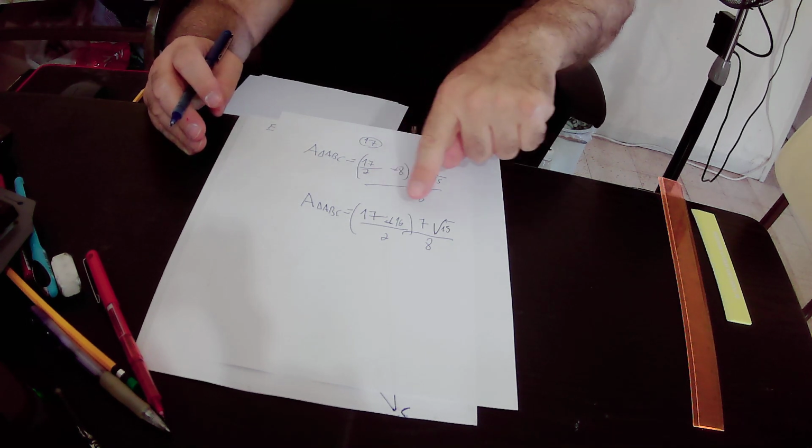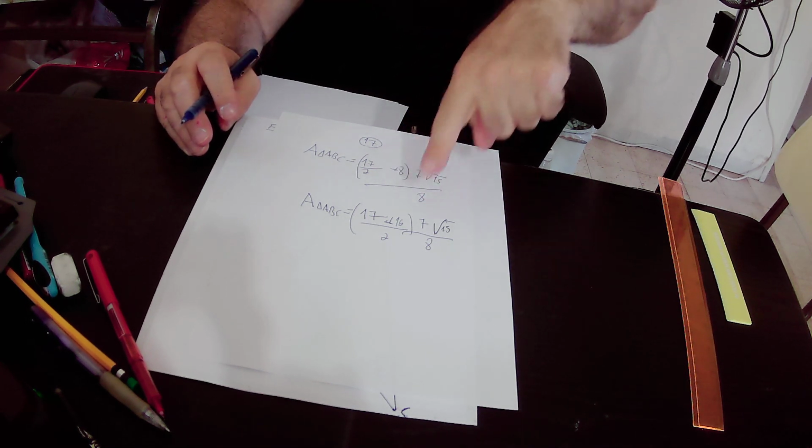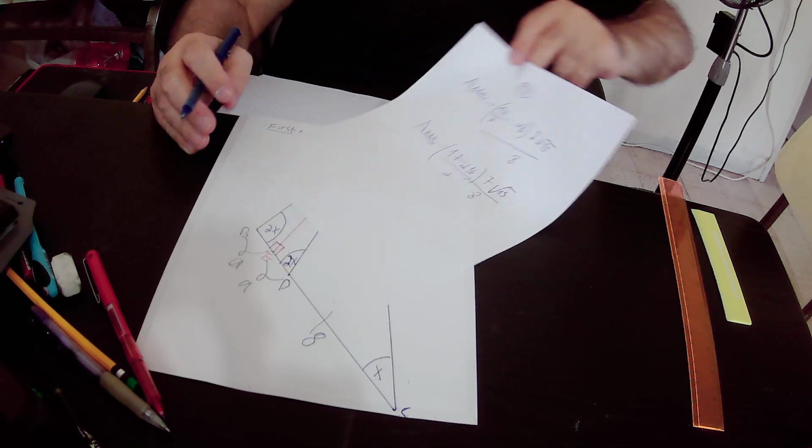So here 17 plus 16 is 33 and 2 times 8 is 16. So I write it down.